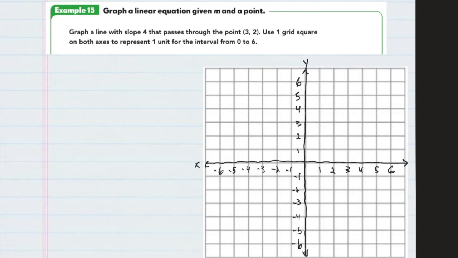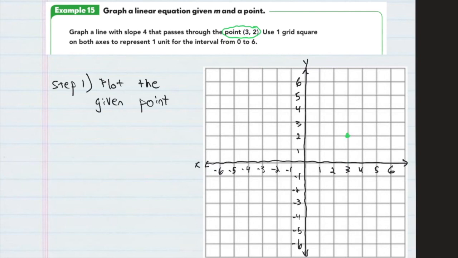All right. So there are 2 steps in this one. Step 1 is to plot the given point. And we're given the point 3, 2. So that's 3 on x, 2 on y.